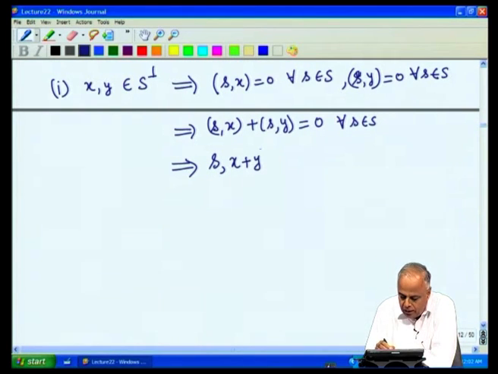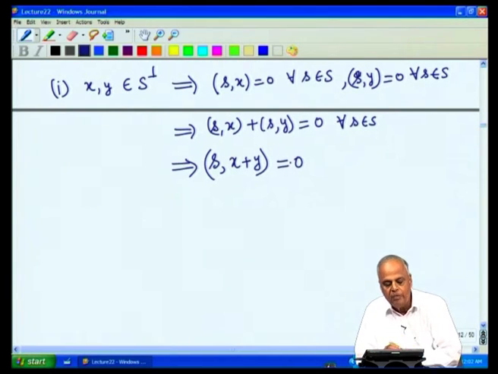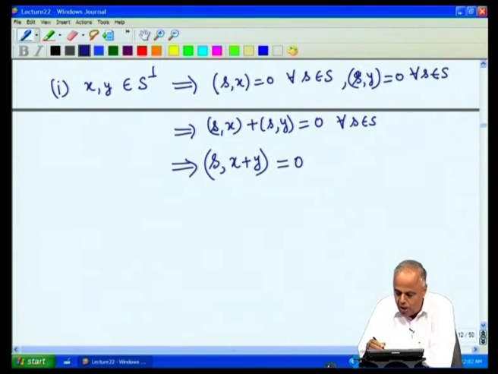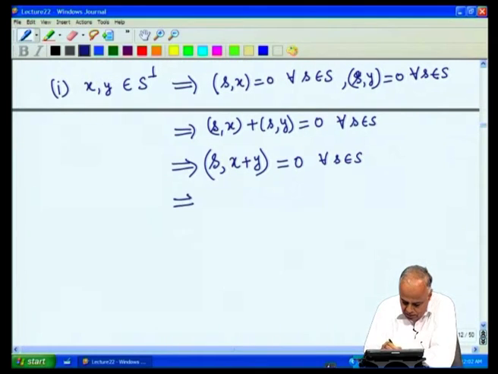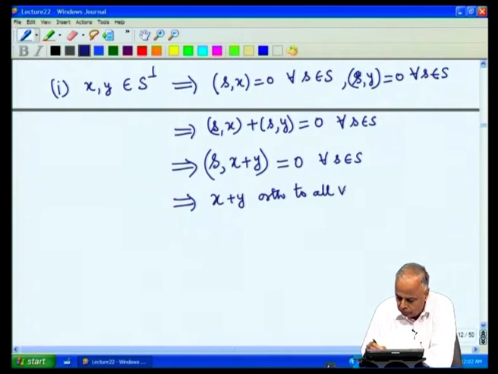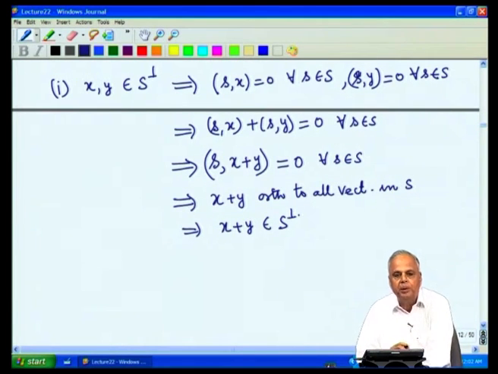So we can write this as <s, x plus y> is 0, because <s, x plus y> is <s, x> plus <s, y>. This is for every s. This says the vector x plus y is orthogonal to all vectors in S. That is exactly the meaning of the fact that x plus y belongs to S perp.